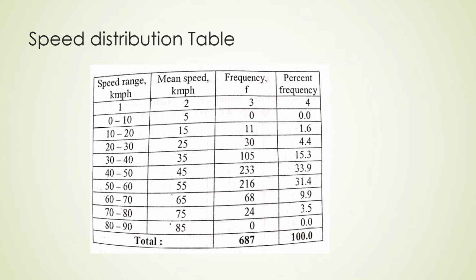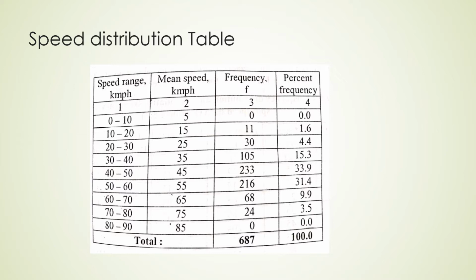And you can see 105 vehicles are having a speed between 30 km per hour and 40 km per hour. So this kind of representation lets us know the speed range of different vehicles, and in which category the maximum number of vehicles comes. From the table you can see that around 233 vehicles are in the speed range of 40 to 50.